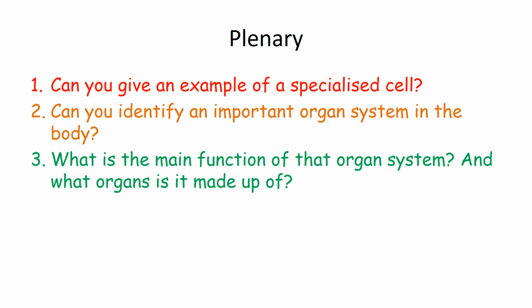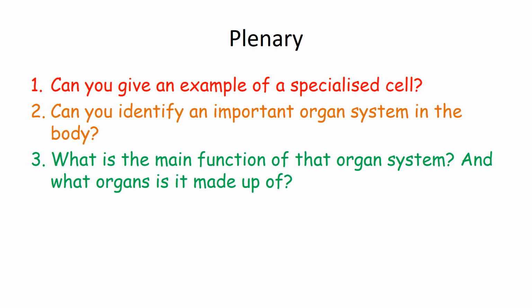So what is the main function of the organ system, and what organs is it made up of? So remember, the function of organ systems links back to a life process. So remembering the acronym Mrs Gren, that's either movement, respiration, sensing, growth, reproduction, excretion, or nutrition. So your organ system should link up to one of those.